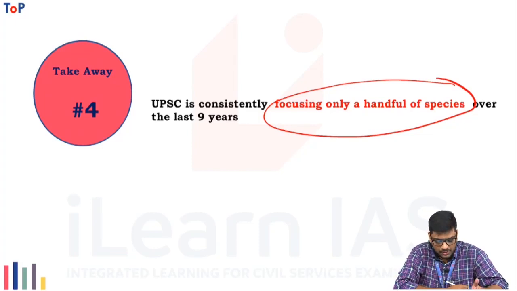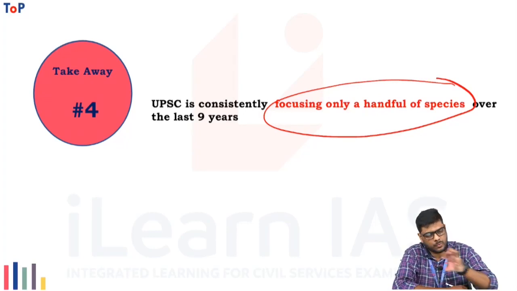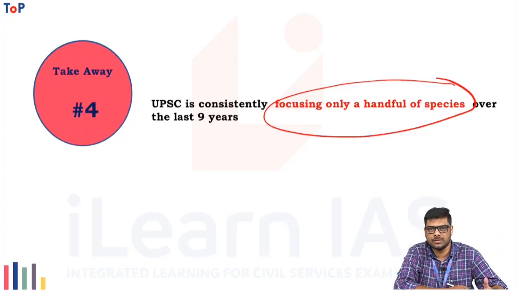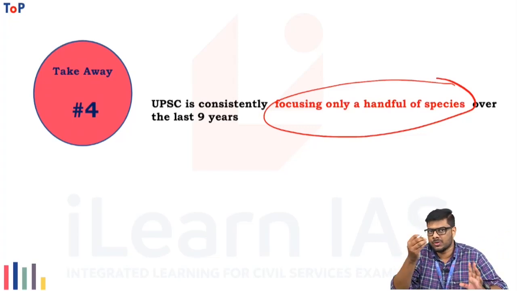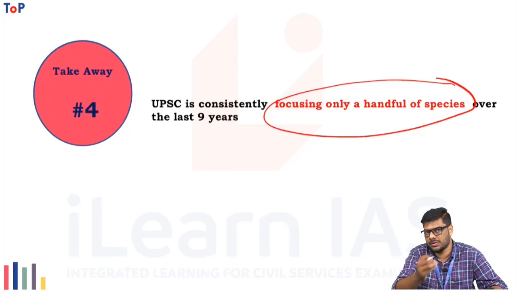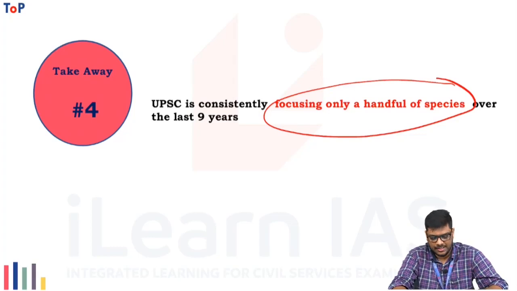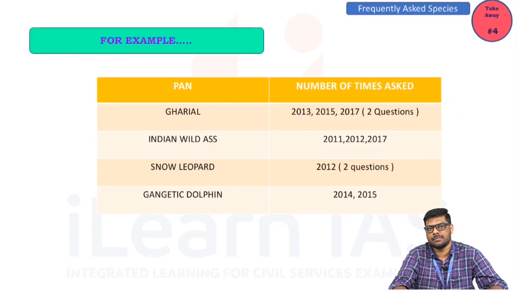Getting it? So UPSC is consistently focusing upon a certain set of species which they consider superstars for various reasons. They pick up those options and put them in different years as questions or options in the questions. So this is the pattern, and for this takeaway I am giving you the examples.